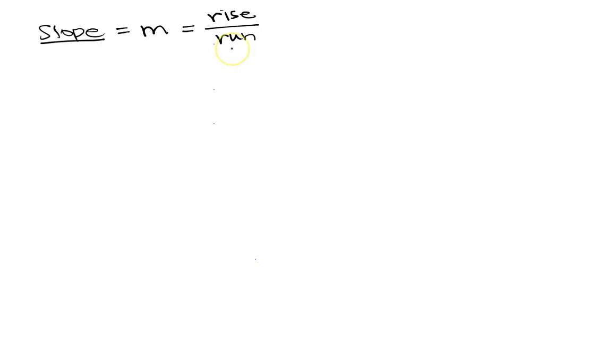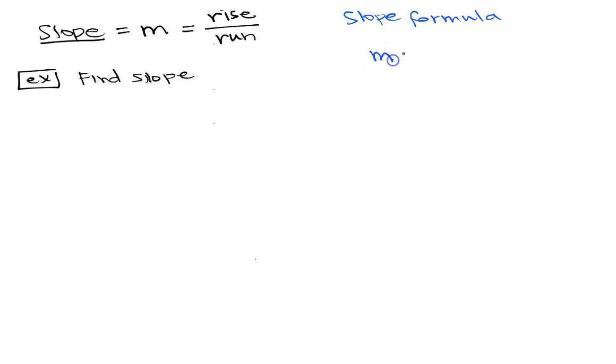And so if they're giving us 2 points, and they're just asking us to find the slope using the slope formula, let's write our slope formula over here. The slope formula is m equals y2 minus y1 divided by x2 minus x1.